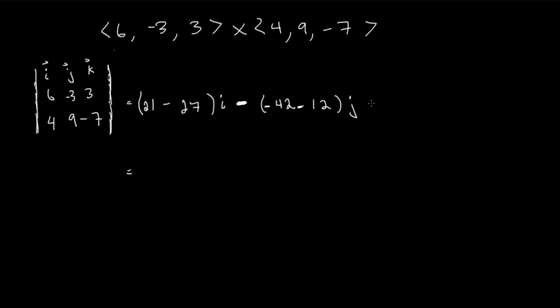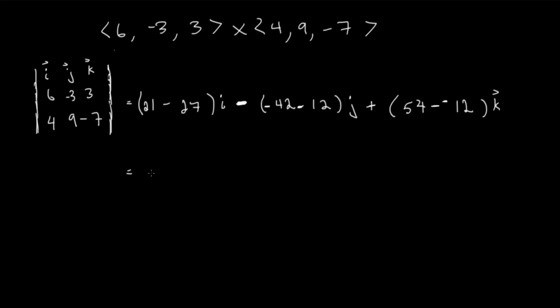And lastly, we have an addition here, and what do we have? 6 times 9, which is 54, minus 4 times negative 3, that's negative 12. So we're going to have minus negative 12, that is plus 12. We'll account for that in this next line.